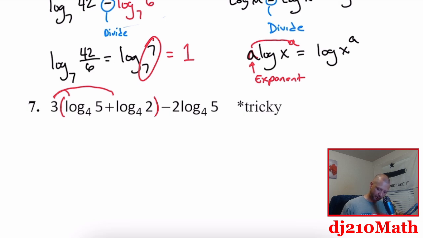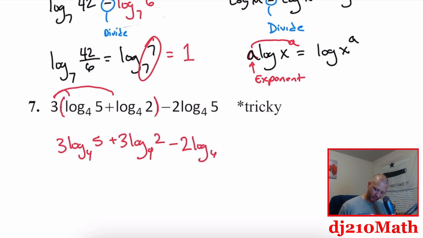So this is going to be 3 log 5, 3 log 2, right? We just distributed the 3 minus 2 log 5. All right. So we got rid of the parentheses by distributing the 3.